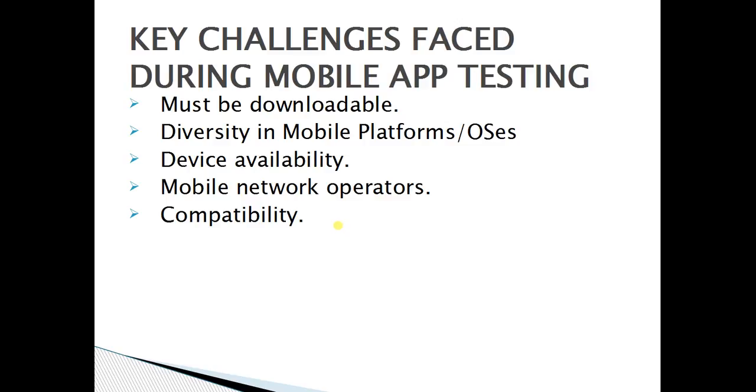There are over 400 mobile network operators involved. Each network operator uses a different kind of network infrastructure and thus limits the flow of information. The fifth one is compatibility, which is a very important challenge, because some apps work on higher resolutions while they don't work on lower resolutions. So it may create a challenge for the testers.